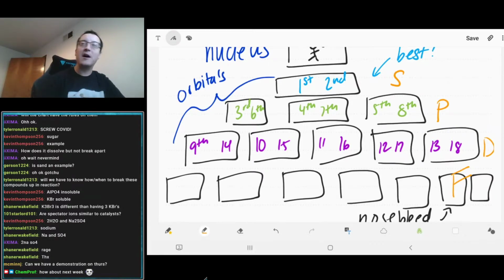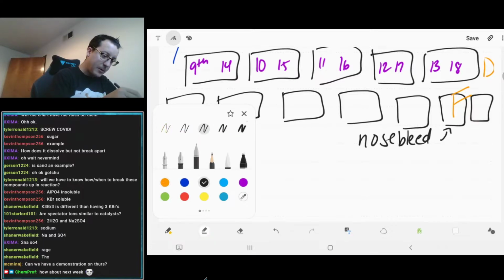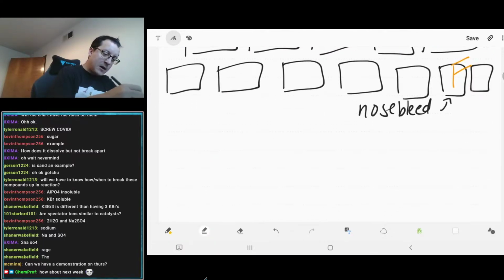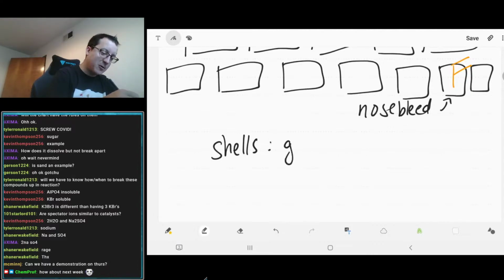And so we're going to have to talk about a little bit of terminology going forward. So we have what are called shells within an atom. And those shells are going to be groups of orbitals.